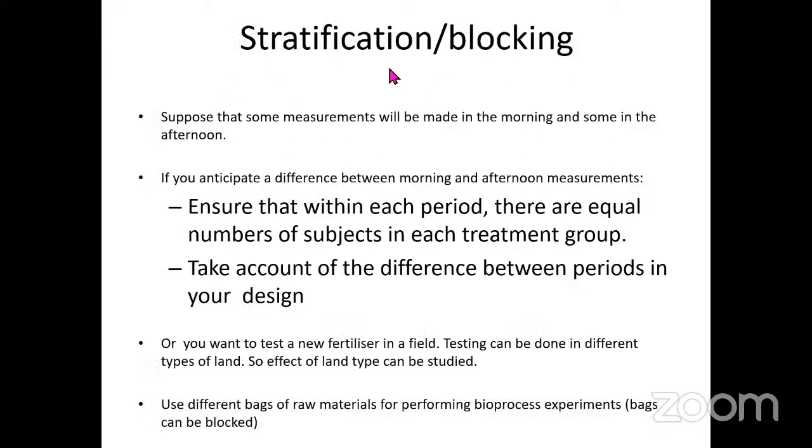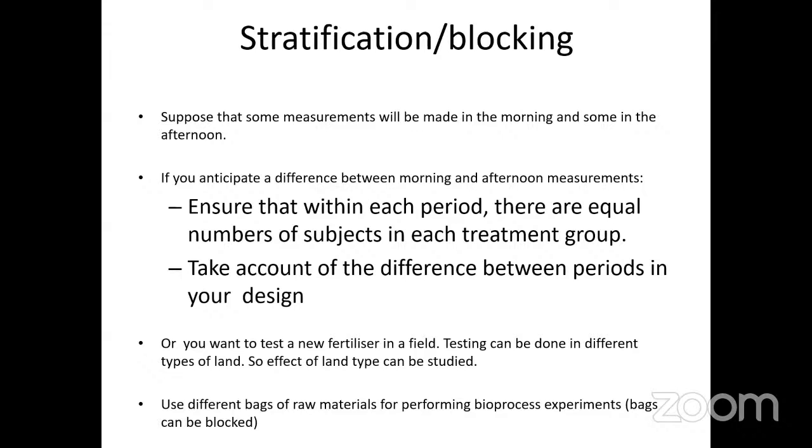Then stratification or blocking. This is also important. For example, you are doing a study on the effect of fertilizer. If I do it in, say, Tanjore in South India or Trichy in South India, there is going to be a difference because of the location, the type of soil. So you may do different sets of experiments in Tanjore, and different sets of experiments in Trichy.